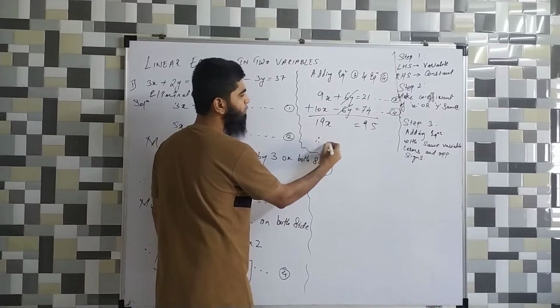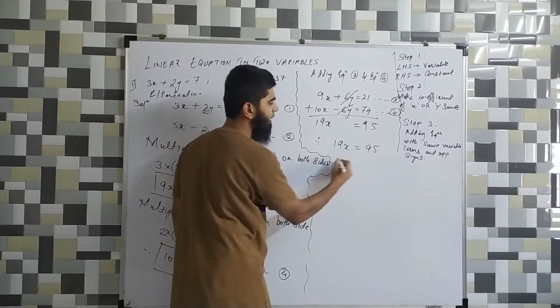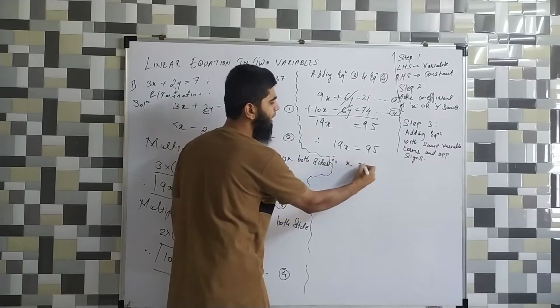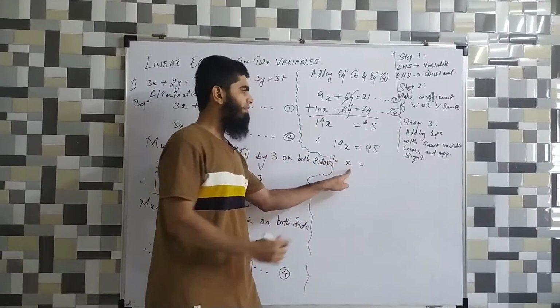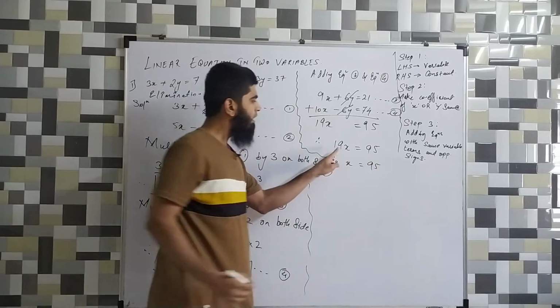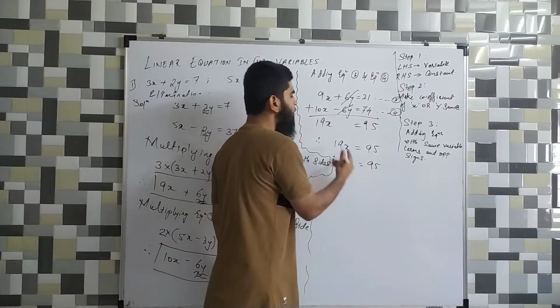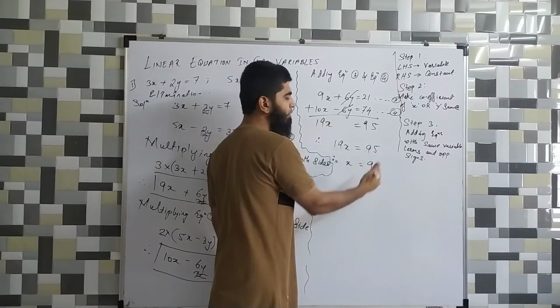Now see, therefore we can say 19x is equal to 95. Therefore what will be the value of x? I am writing x as it is, equal to as it is, 95 as it is. This 19 is being multiplied over here. You can shift it to the other side, or you can divide both sides by 19.